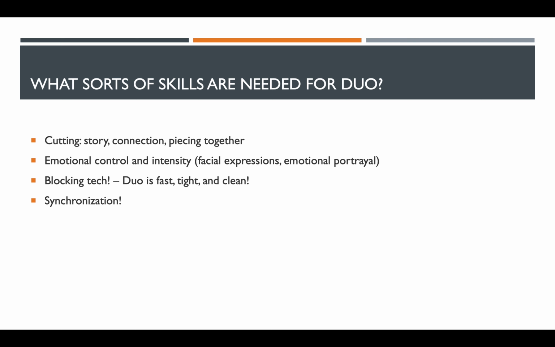So for example, when you have two partners that are back to back to each other, you can't see each other, but if your hand gestures and your movements are exactly in sync with each other, that's super impressive, right?